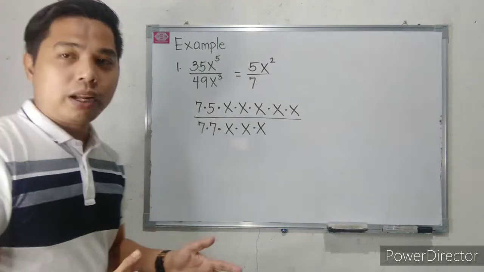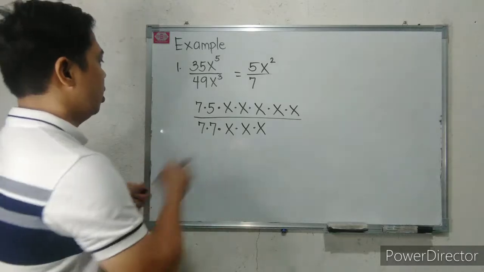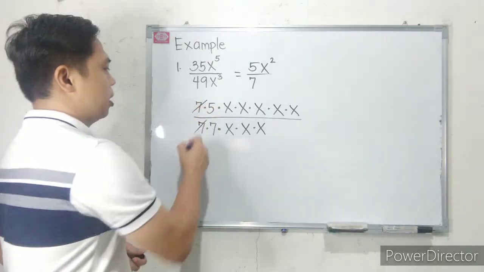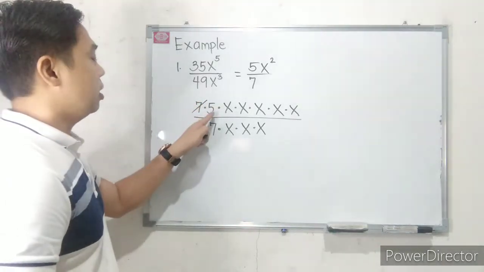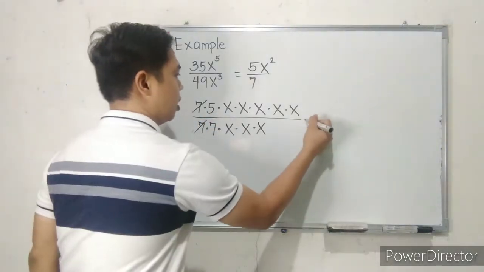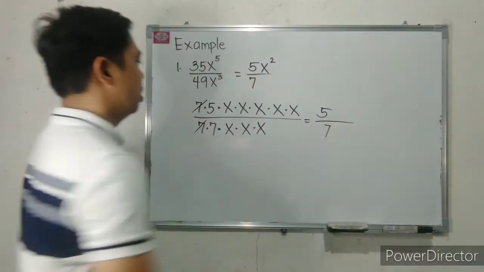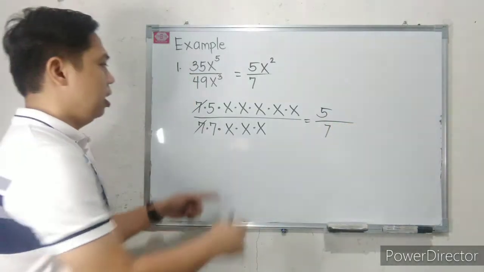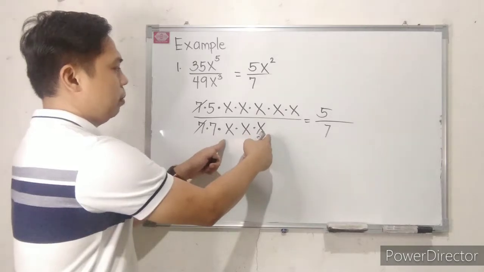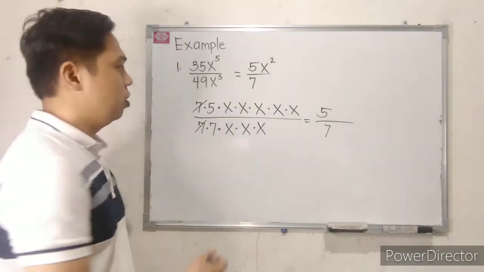Let's look at their matching terms. So that is 7 and 7. So we cancel the 7. What's left for us, class, is 5 and 7. Now, how about the x? How many x do we have in the denominator and how many x in the numerator? So, 3.